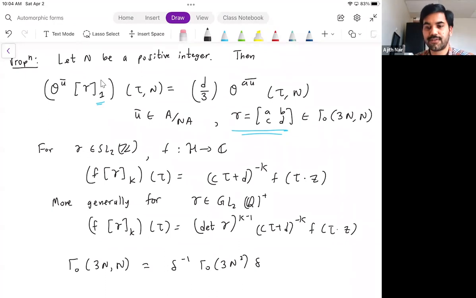And gamma naught 3n squared is a congruence subgroup.